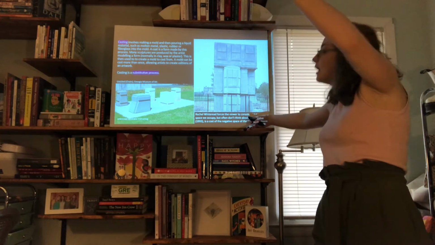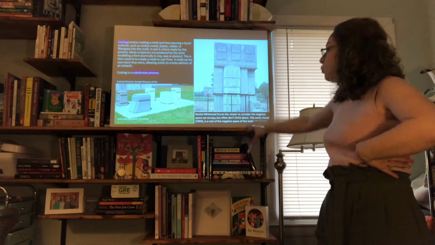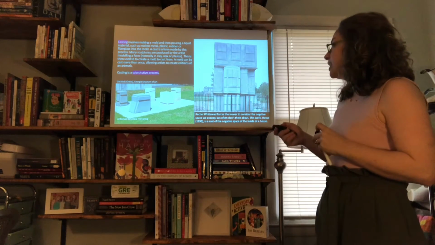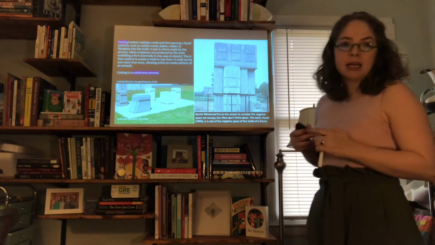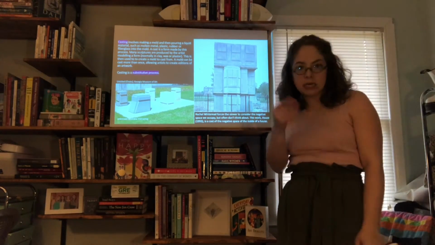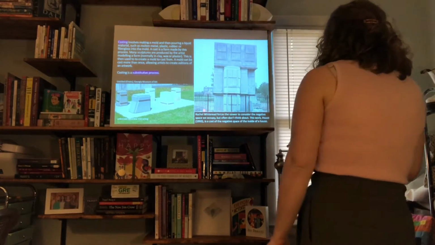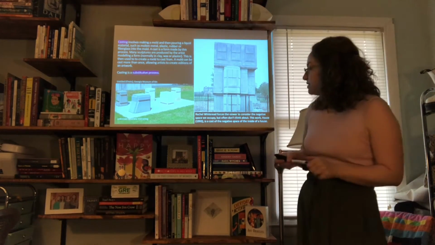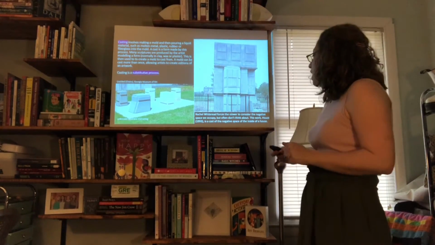Anyways, here we have some work by Rachel Whiteread, and she uses everyday materials and then makes casts of the negative space. Rachel Whiteread forces viewers to consider the negative spaces we occupy but often don't think about.